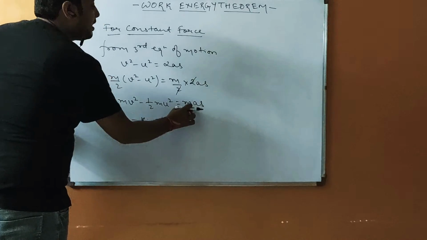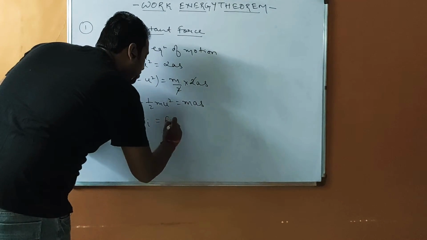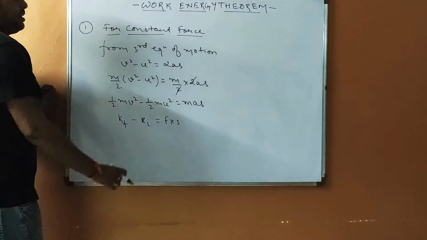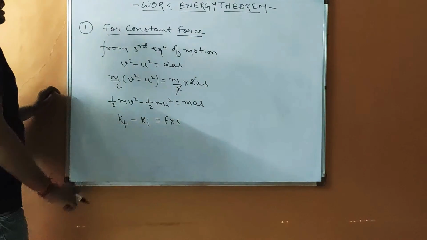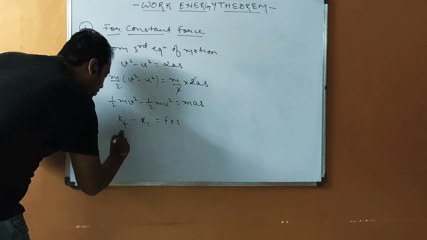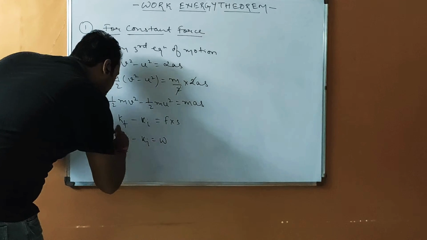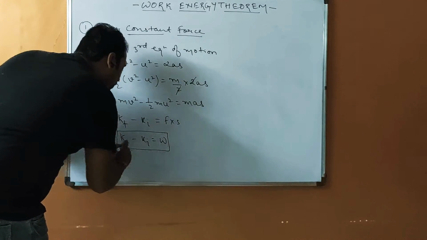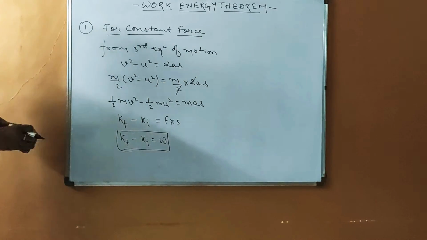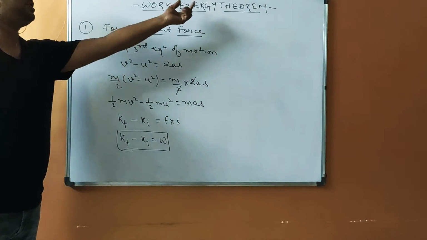What can we write in place of ma? As you remember, force into displacement, and that can be written as Kf minus Ki is equal to W. Work done is equal to force into displacement, and this is the work energy theorem.